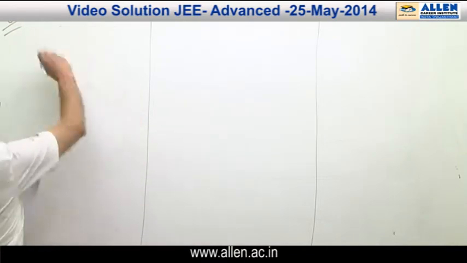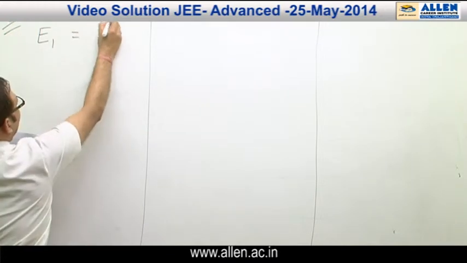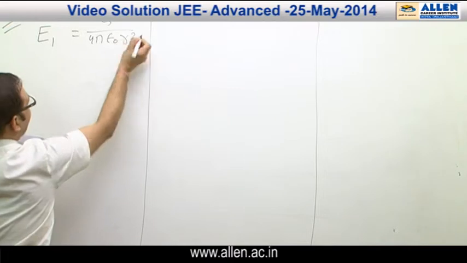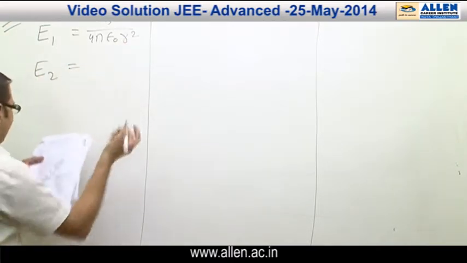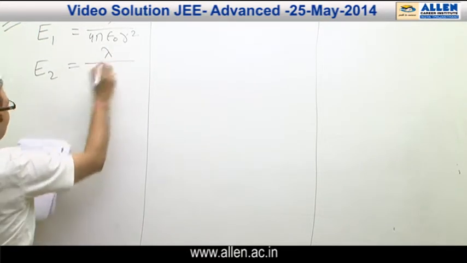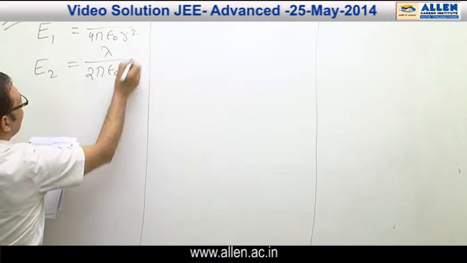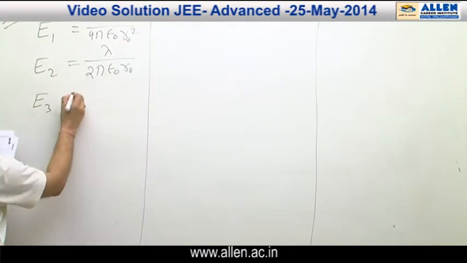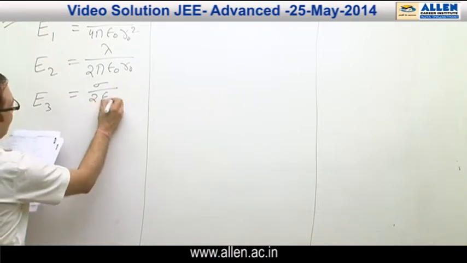For a point charge, we know the electric field E1 would be Q upon 4 pi epsilon naught R square. For a line of charge, the electric field would be lambda upon 2 pi epsilon naught R, and E3 would be sigma upon 2 epsilon naught.